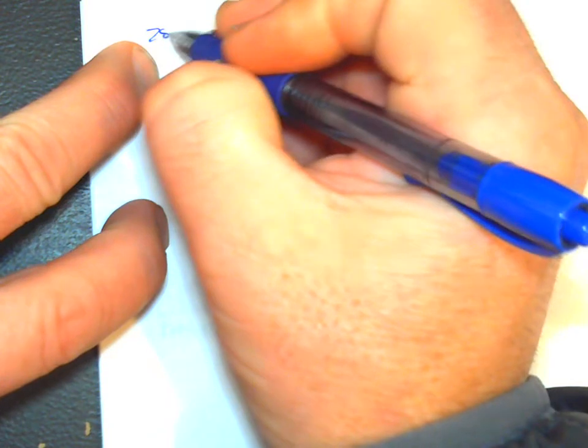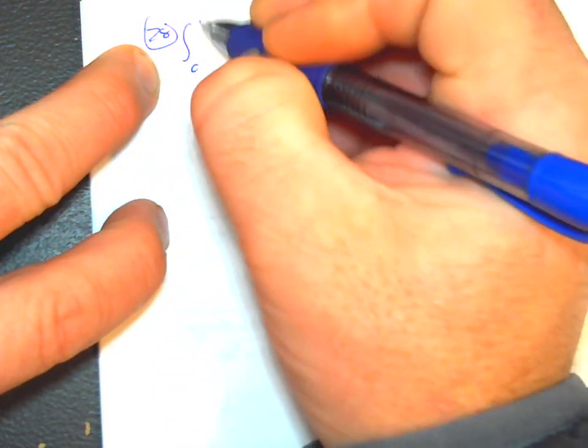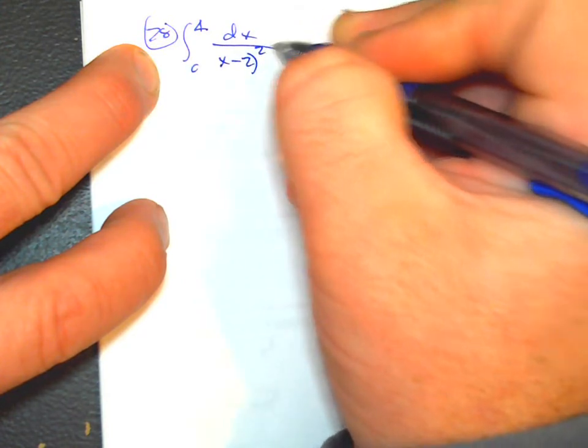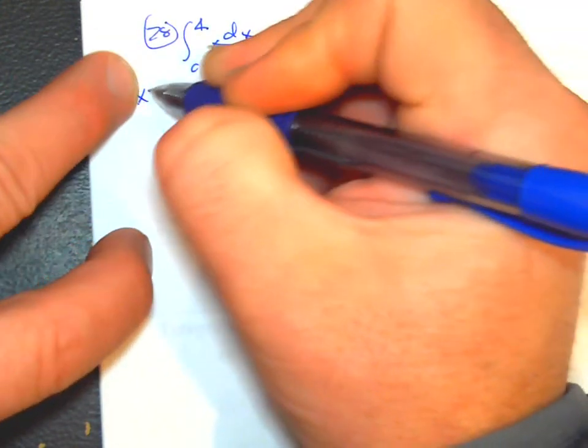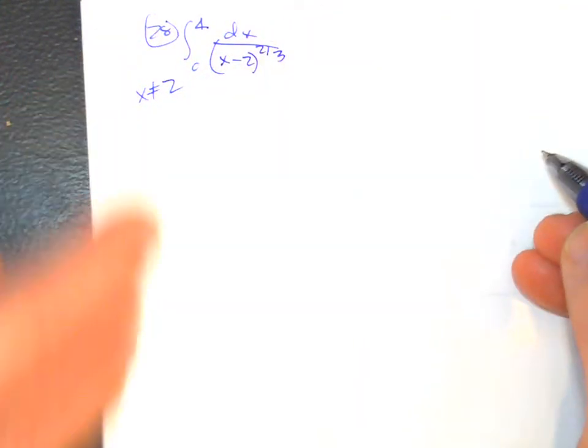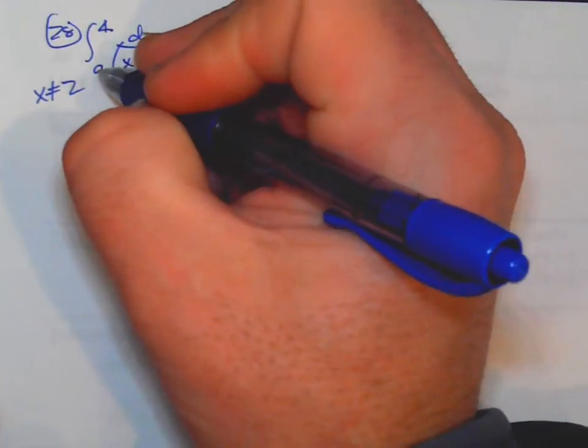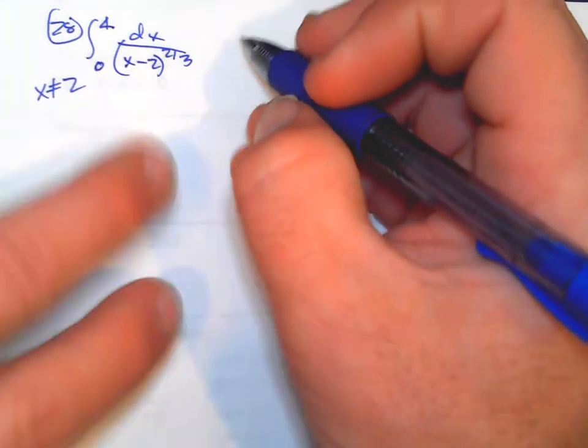All right, a couple more problems, 28 and 31. 28 is the integral from 0 to 4 of dx over (x minus 2) to the 2/3. So x cannot equal 2. So we're going to split this up. This is the interior infinite discontinuity, so we've got to break it up into one-sided limits, two different ones.